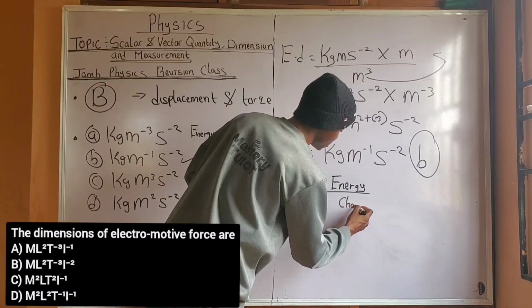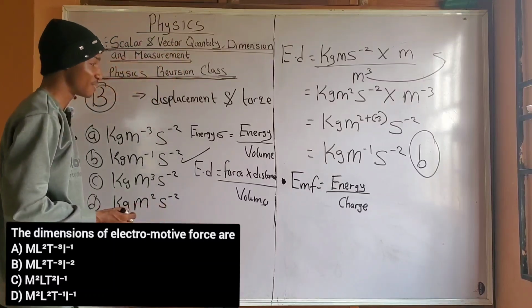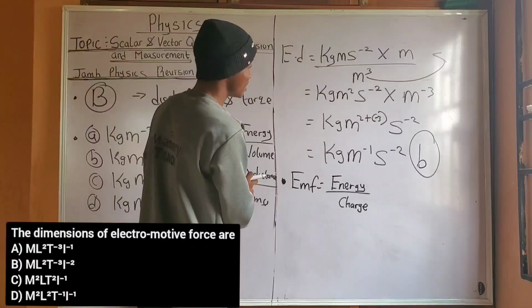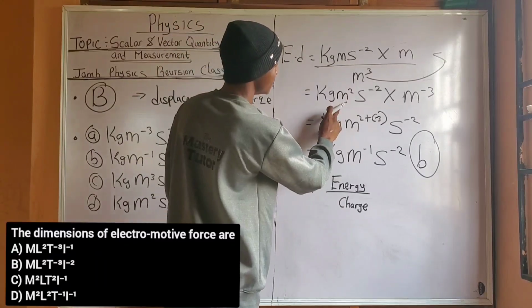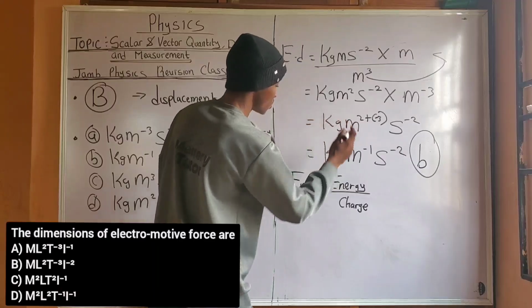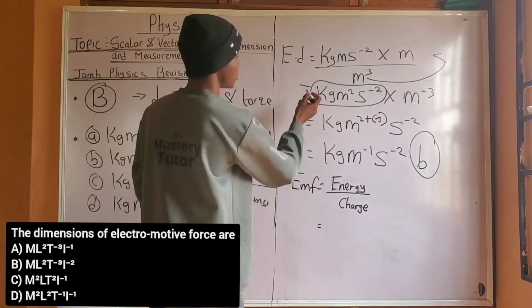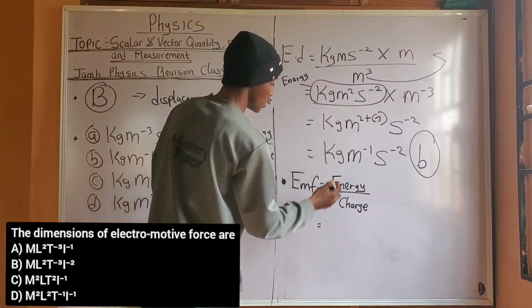Now don't forget that energy is force times distance, from our previous question, and the unit of energy is this. There is no need of going through all this again. The unit of energy, the one you see here, is for energy. So I'm just going to write it up.